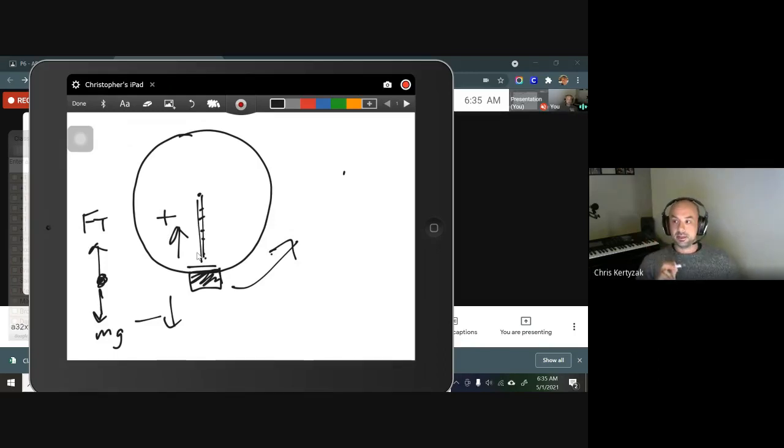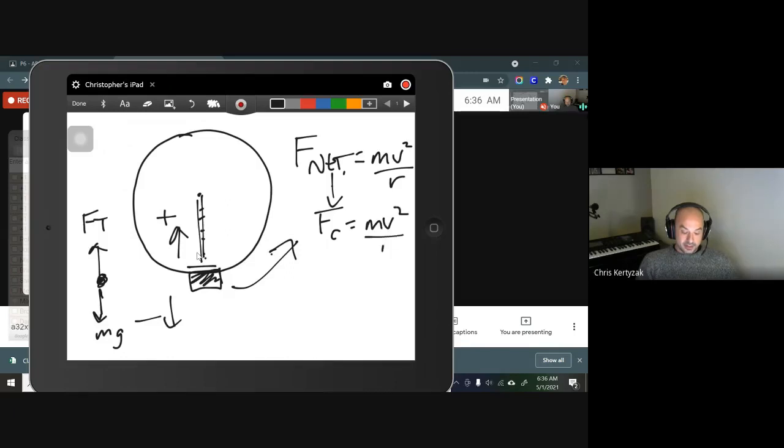There needs to be an extra amount of force in the direction towards the center of the circle, in an amount of mv squared over r. The net force, the unbalanced amount of force, has to be equal to mv squared over r. That's the centripetal force. It's an extra unbalanced amount of force. It has to point towards the center, and as long as that occurs, you will maintain your circular path at a constant speed as you continue around the path at a constant uniform radius.